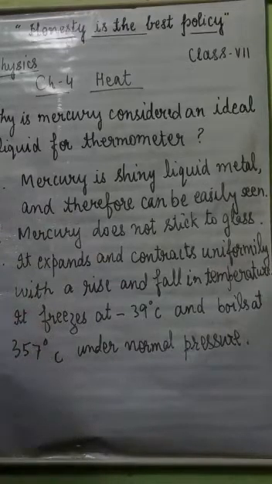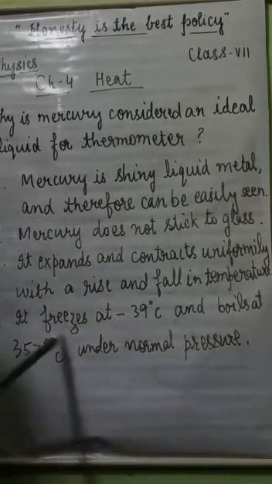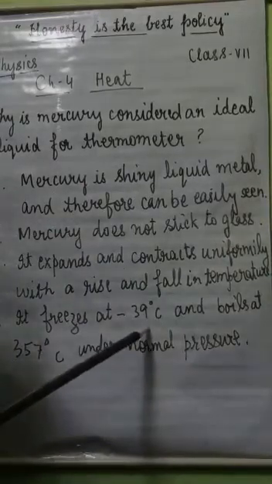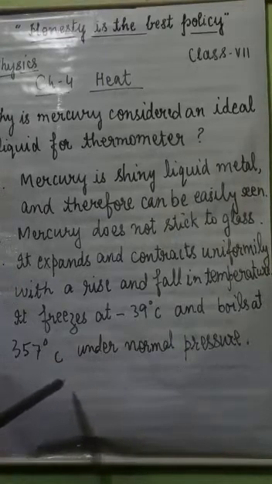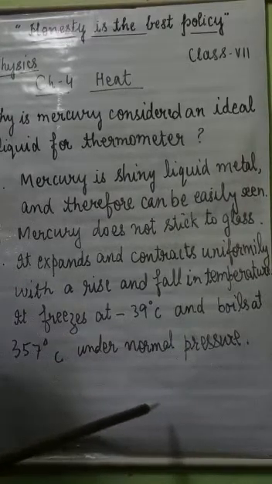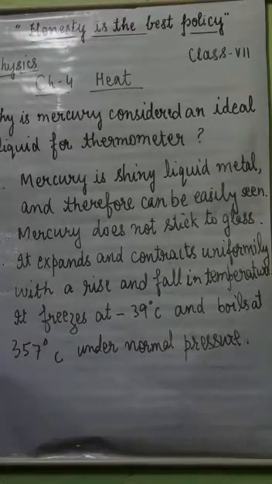Due to this property it is used in thermometer, and it freezes at minus 39 degrees Celsius and boils at 357 degrees Celsius under normal pressure. So these are the properties due to which it is used as an ideal liquid for thermometer.